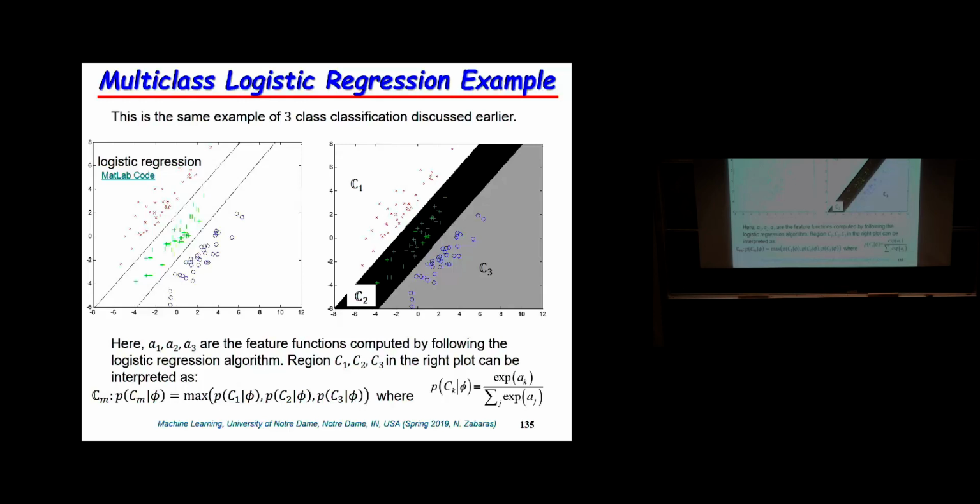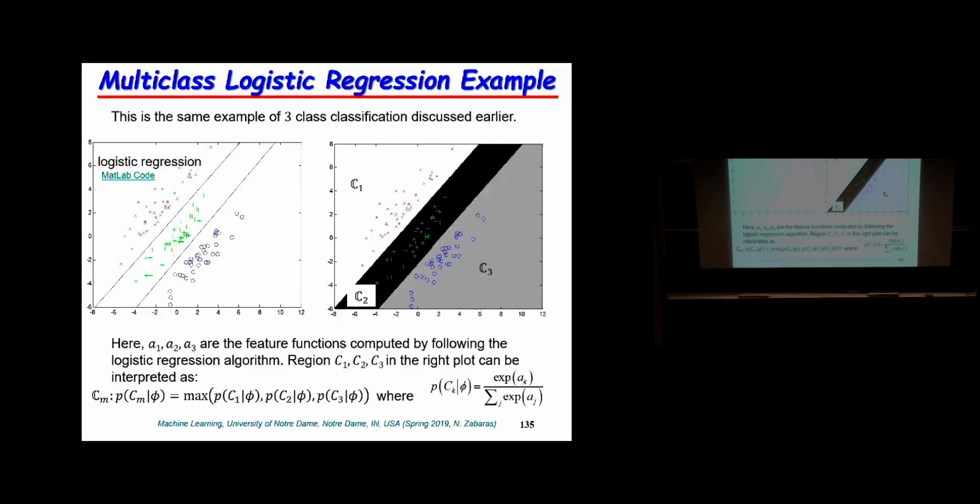Well, remember, each posterior is written as exponential of alpha 1 divided by the summation of all the exponentials. The other one is exponential of alpha 2 divided by the same summation. So what makes one boundary between class 1 and 2? For region 1 it will be exponential of alpha 1, for region 2 exponential of alpha 2.